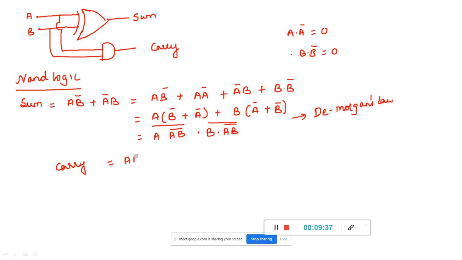it is AB, can also be written as AB double bar. Okay, so here it is also double bar. For NAND operation, you will always get A into B whole bar. So you have to take the double bar, break the bar and change the sign.